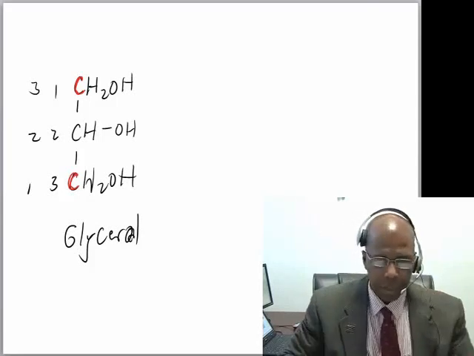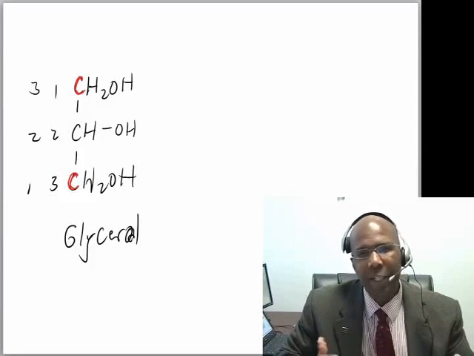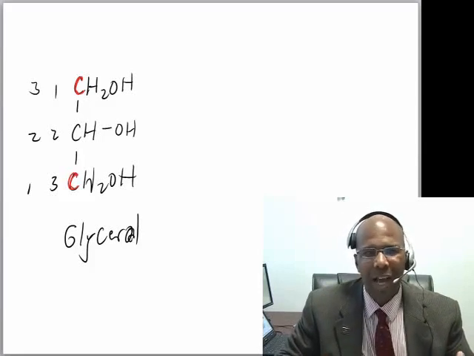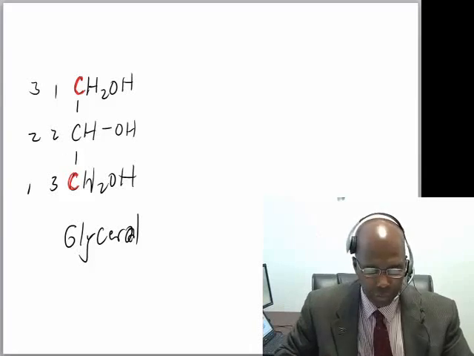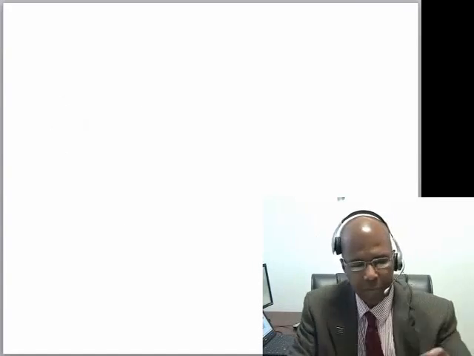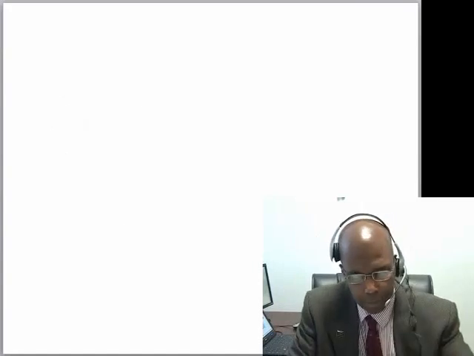Now, the most common substitution for glycerol is going to be a phosphate group. And so let's draw glycerol here with a phosphate on it. I'm going to draw it in the Fisher projection.